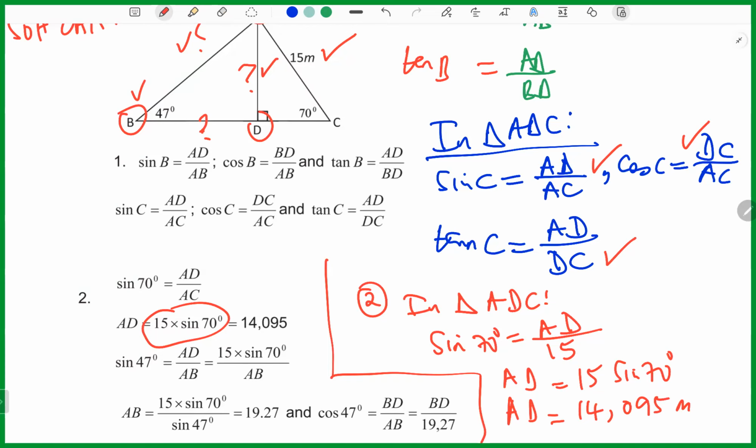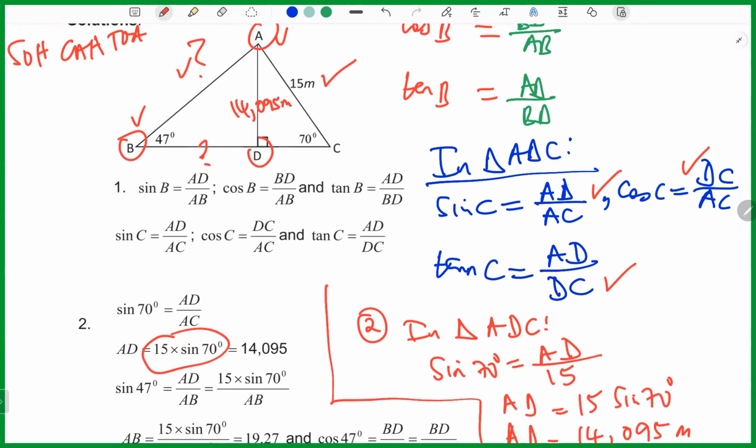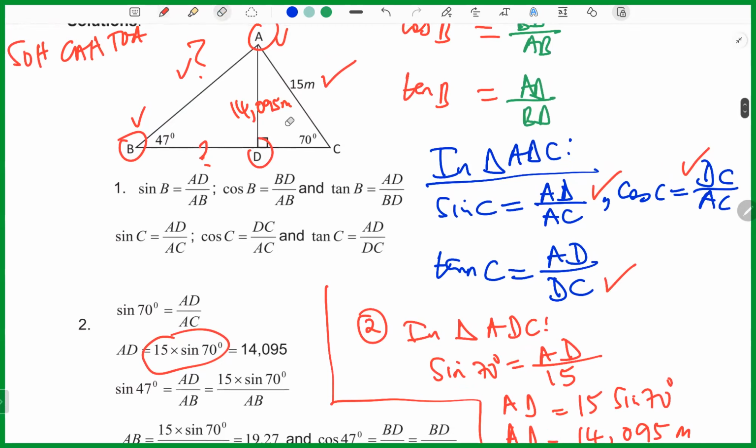With that being said, we've already found the length of AD, which is 14.095 meters. So we have already got AD.